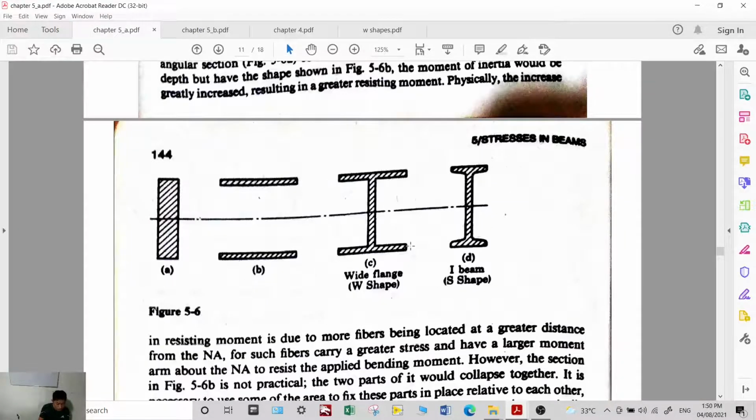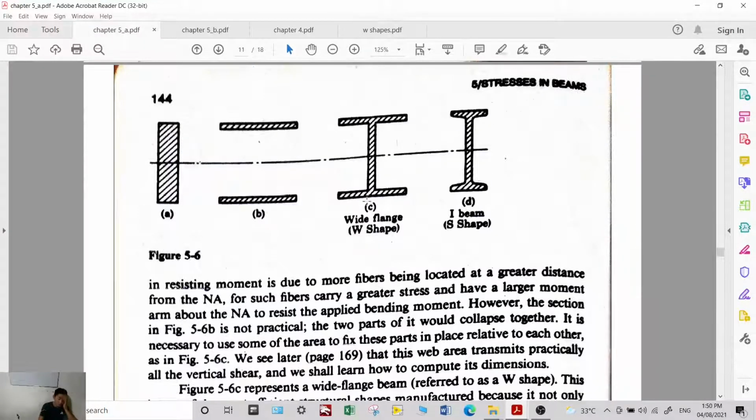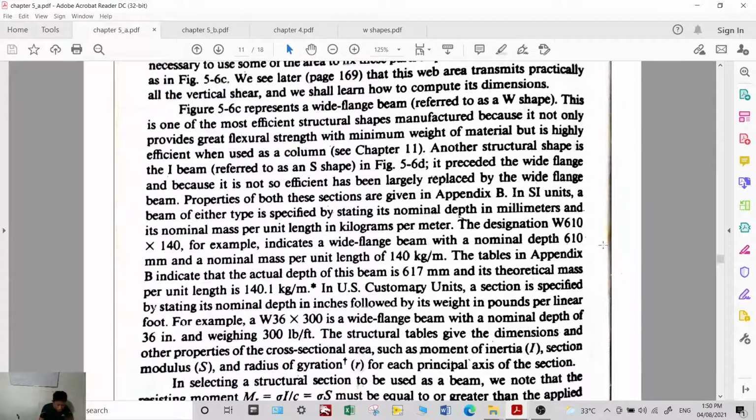So usually I-beam. The wide flange usually has a coding. For example, the designation W610 by 140 means the depth is 610 millimeter.